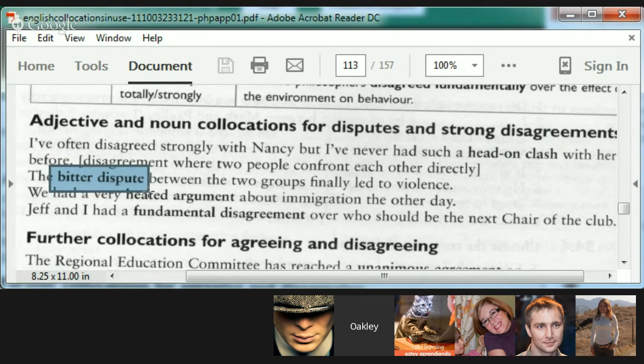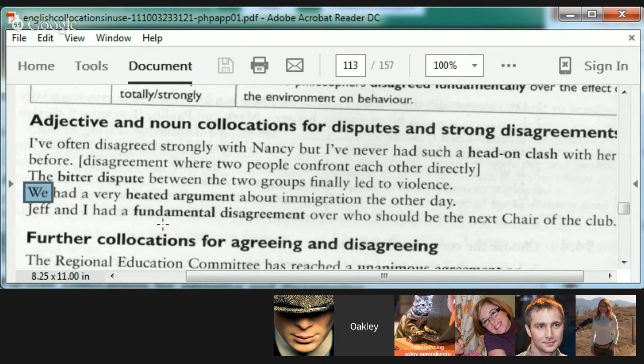There's an intimation that there are very strong emotional feelings involved here. And it's bitter. A bitter dispute will have been going on for a long, long time. Things like disputes between ethnic groups that have gone on for centuries. That's something you would call a bitter dispute, for example. Okay.